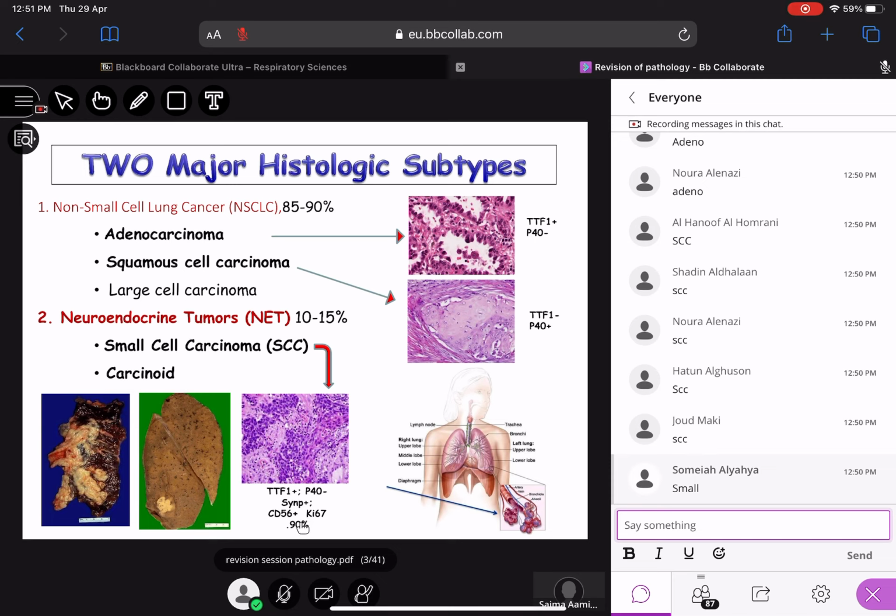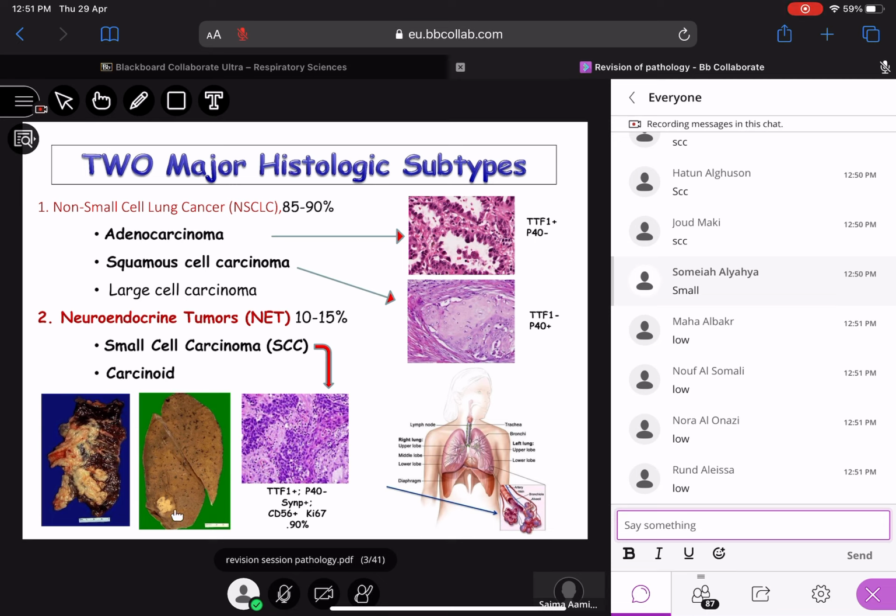What would be the Ki67 index if it was carcinoid tumor? Because carcinoid will also have neuroendocrine markers. It would be low. It will not have that high multiplication. Ki67 is indicating proliferative activity or high mitotic count.